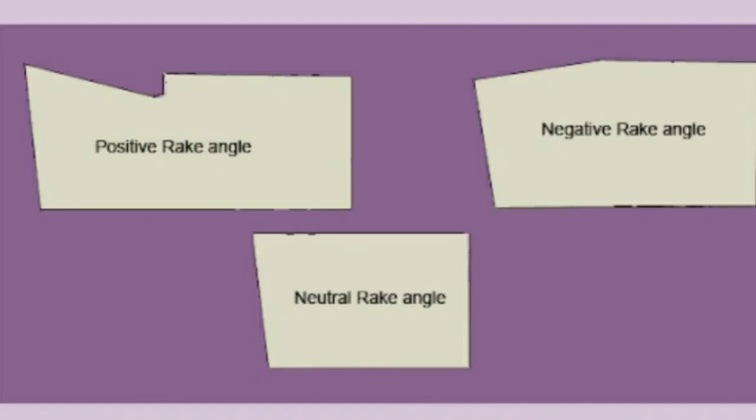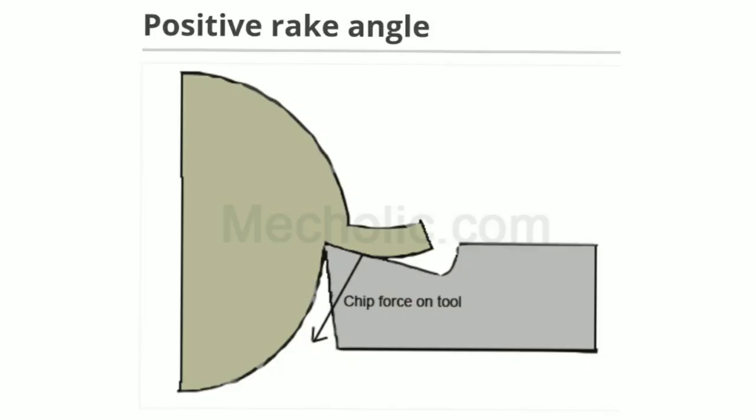In both types of rake angles, we have positive rake angle, negative rake angle and zero or neutral rake angle. If the side cutting edge and top face of the tool slope downwards from the cutting point to the shank, it is called positive rake angle.